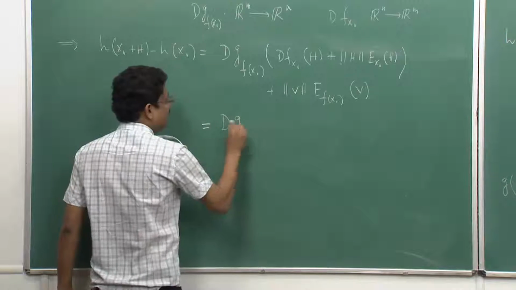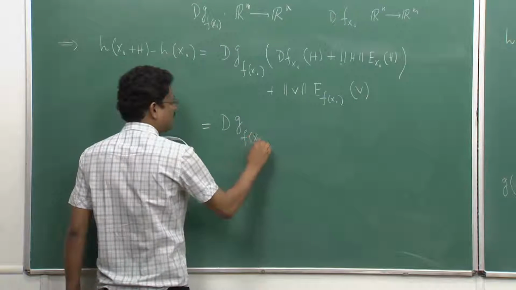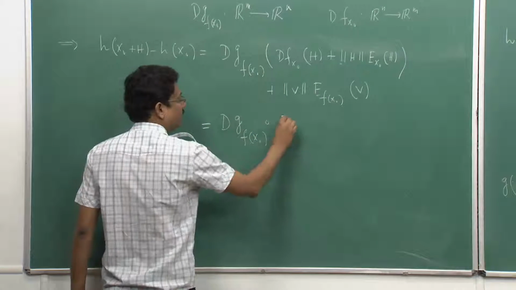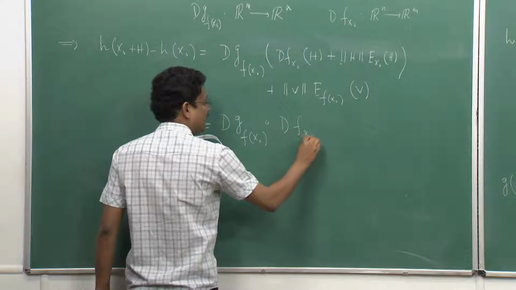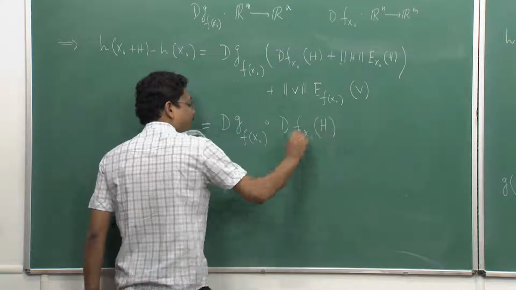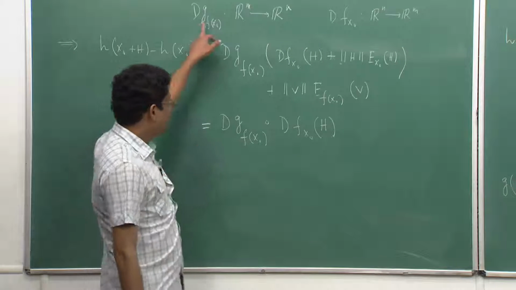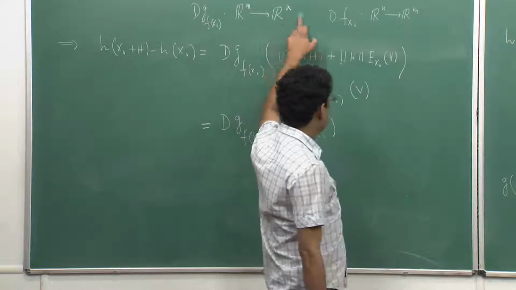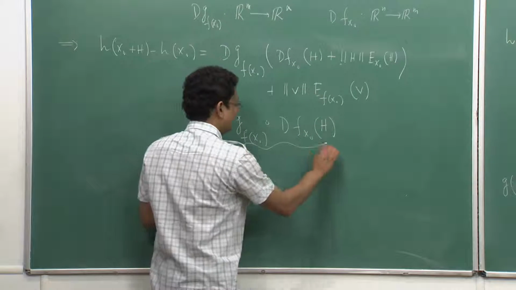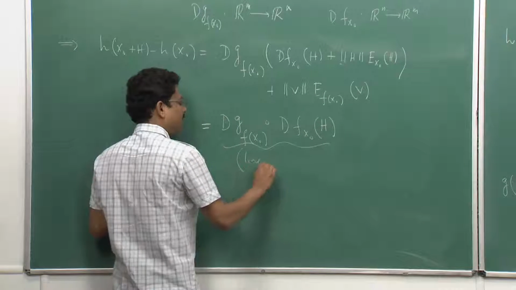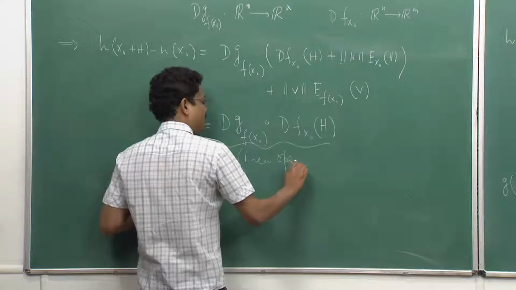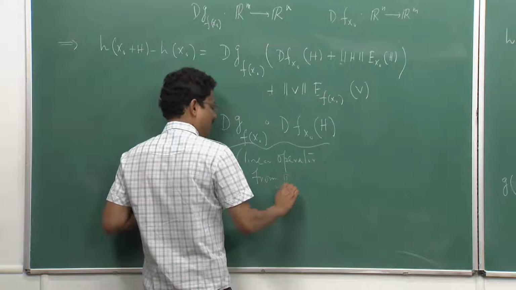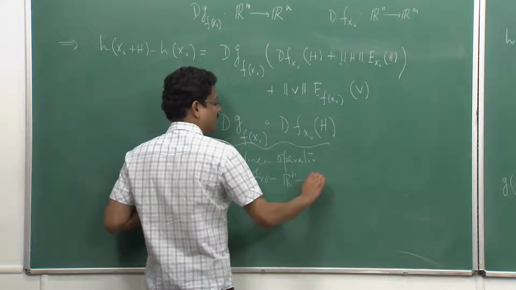That gives me d g at f x naught composed with d f at x naught applied to h. So, if I have an operator from R n to R m and then R m to R k, then this is a linear operator from R n to R k.